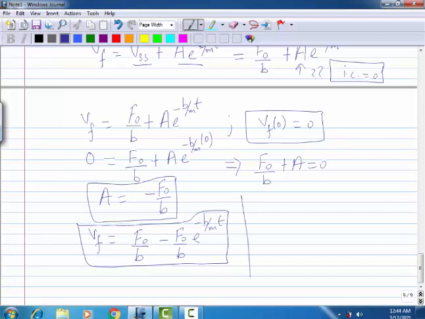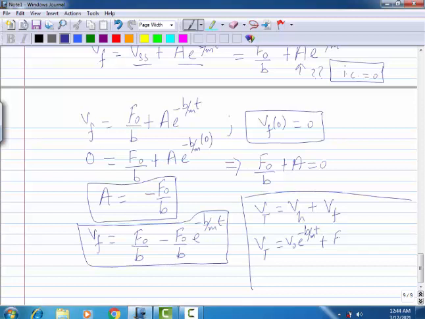Now what is the total response of the system? I told you that the total response becomes the homogeneous response plus the force response. So for the total response, the homogeneous response was V naught exponential minus B by M t, plus, what is the force response?